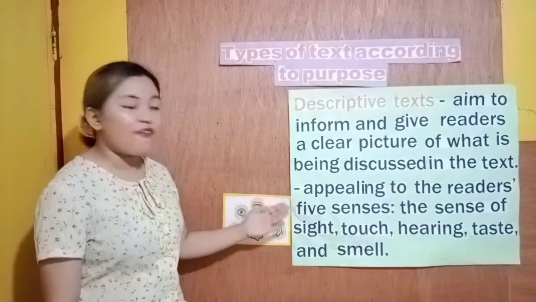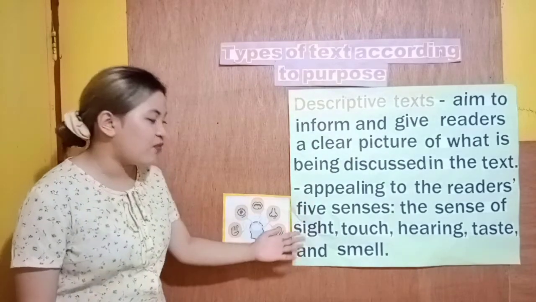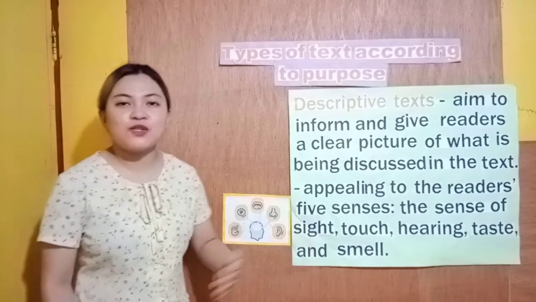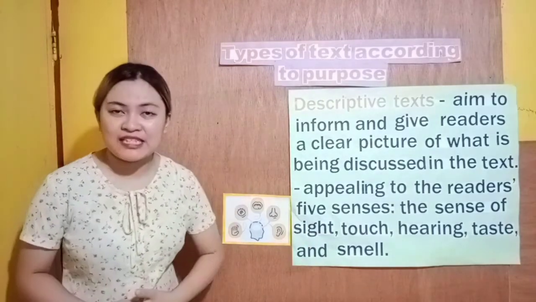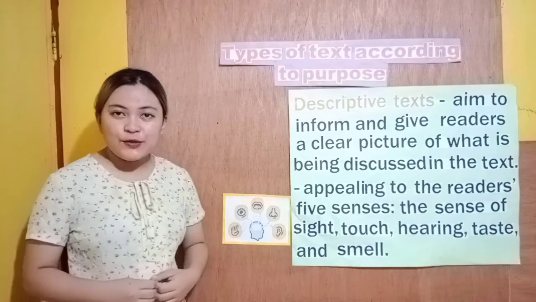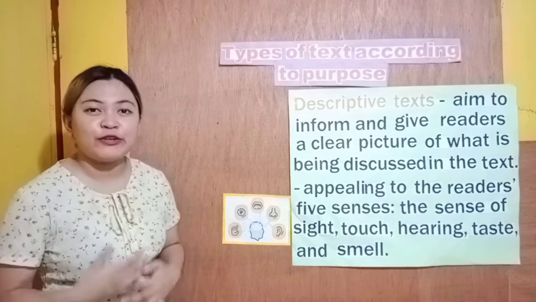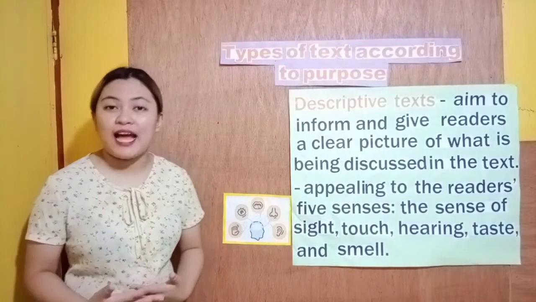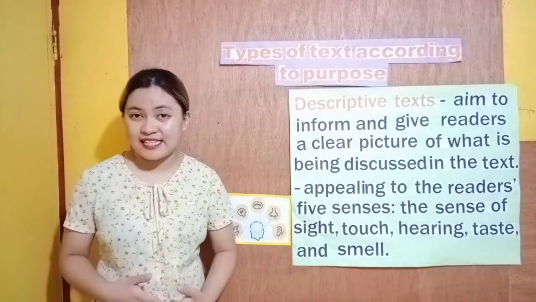Now let's read the second meaning here of descriptive text. Appealing to the reader's five senses, which are the sense of sight, touch, hearing, taste, and smell. Because when you're writing a descriptive text, you want to provide a better image of your text. So you want your readers to feel what you're feeling. Here, the author does not only tell what appears to the senses.